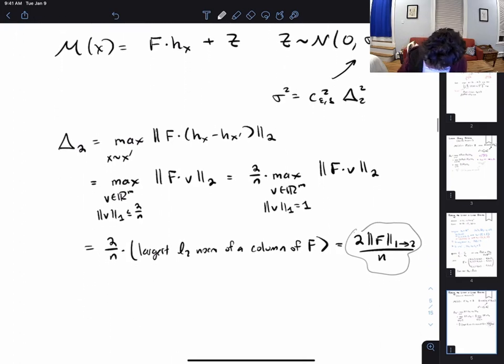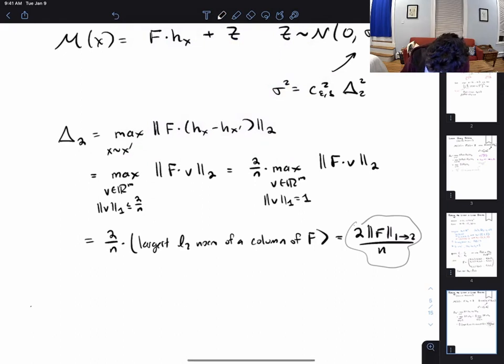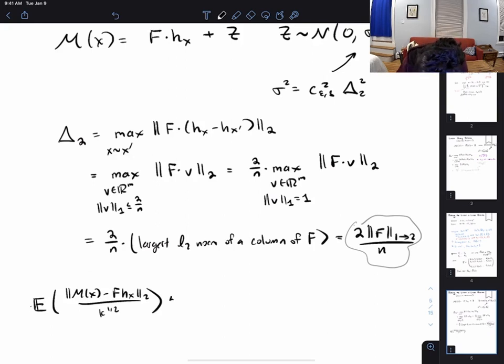And now, in this notation, we can also say that the error of the Gaussian mechanism, the expected value of M of x minus f h of x divided by k to the 1/2, is at most sigma, which is at most, or equal to, c epsilon times delta 2, which is equal to 2 times c epsilon delta times this 1 to 2 norm over n.